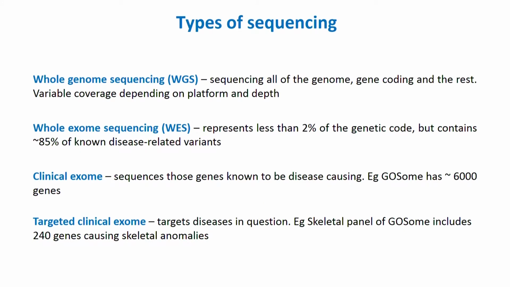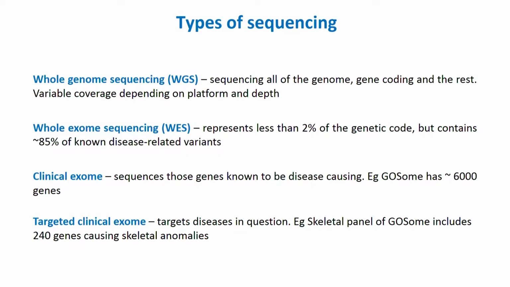Just briefly to think about the different types of sequencing. Whole genome sequencing will sequence the whole of the genome. That includes the gene coding region and the bits in between which we don't know what they necessarily do. There'll be variable coverage even with whole genome sequencing depending on the platform you're using and the depth of your sequencing.